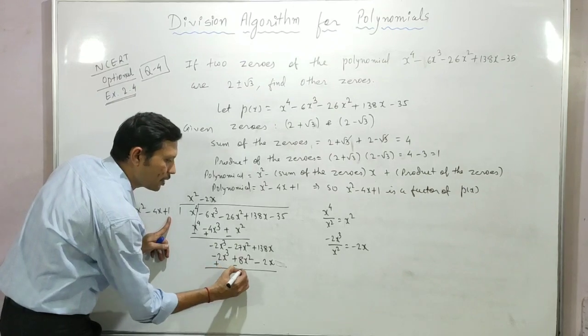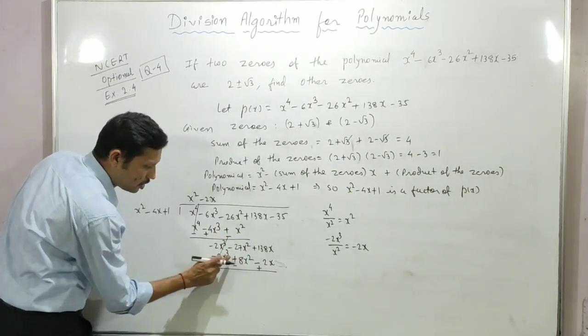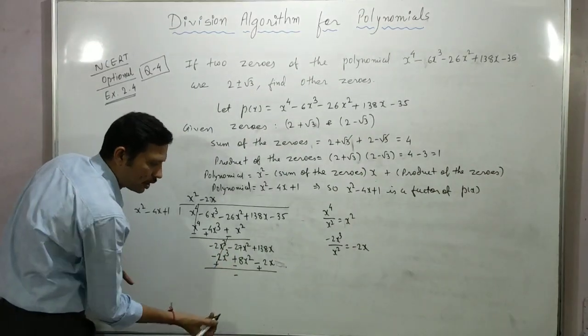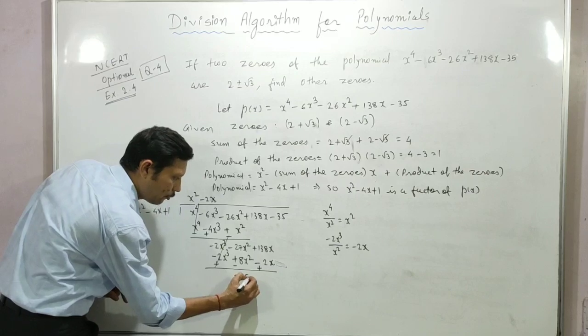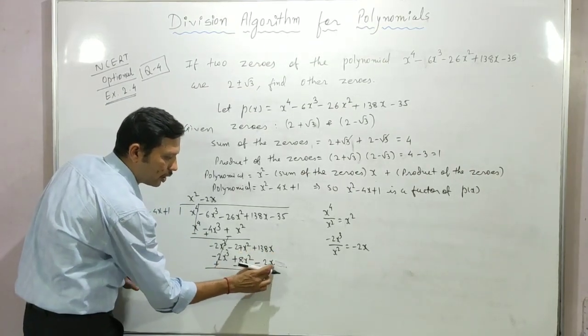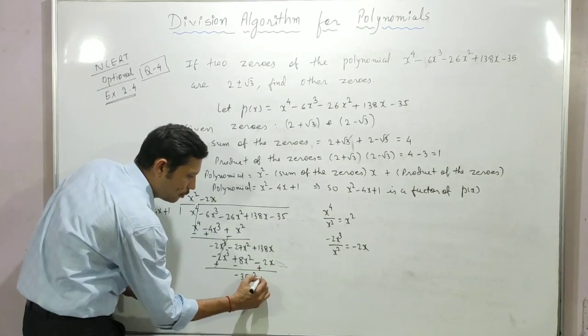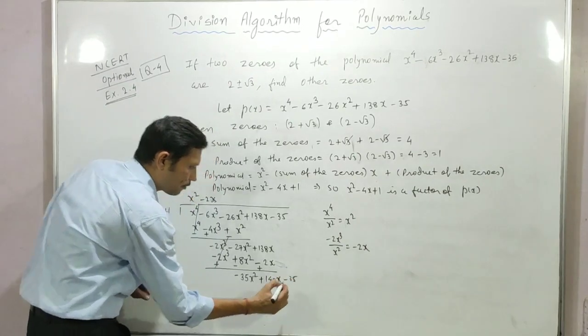Minus becomes plus, plus becomes minus, minus becomes plus. This one will be cancelled out. These are like terms with the same sign, minus, so the answer is negative, and addition 27 plus 8, how much? 35x square. Now 138x positive and 2x also positive, to make the addition, plus 140x. Now carry one last term, minus 35.